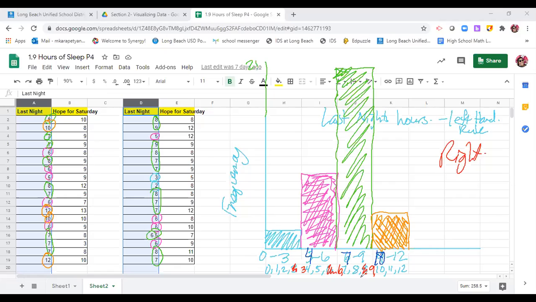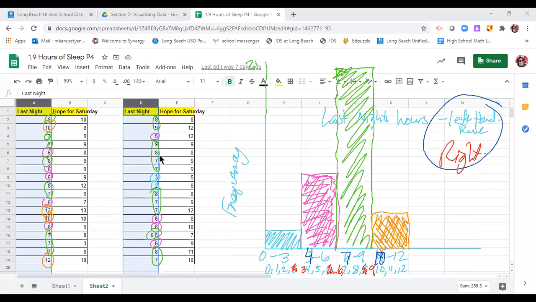But if you are using your intervals in a way where you're using the number that you previously ended at, you have to figure out which rule you're going to go by. Okay, left or right. All right, everyone good with this?